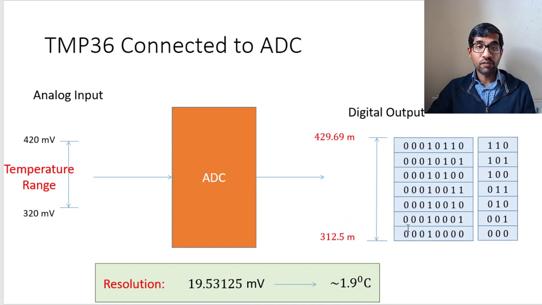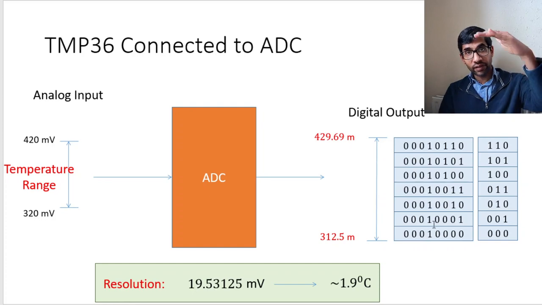And what we want is our analog input, so here is 320 to 420 millivolts, to be converted into digital using this ADC. Let's assume that we don't use a signal conditioning circuit right at the beginning. So what would happen then? These levels will be converted by the ADC into digital values, but you will only use 7 levels here.